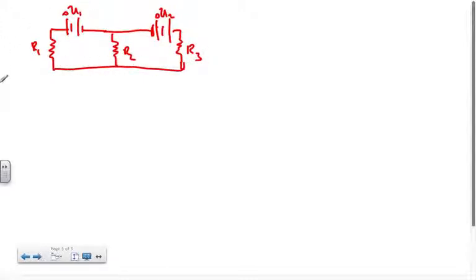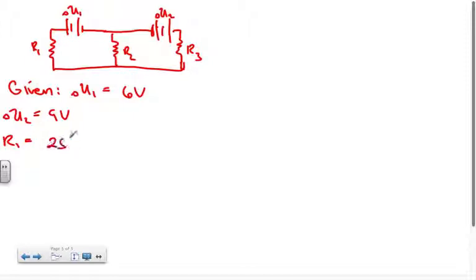So here's our problem. We are given delta U1 is equal to 6 volts. Delta U2 is equal to 9 volts. R1 is equal to 2 ohms. R2 is equal to 1 ohm.